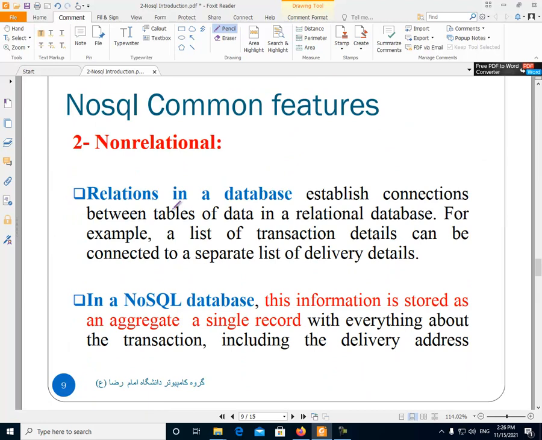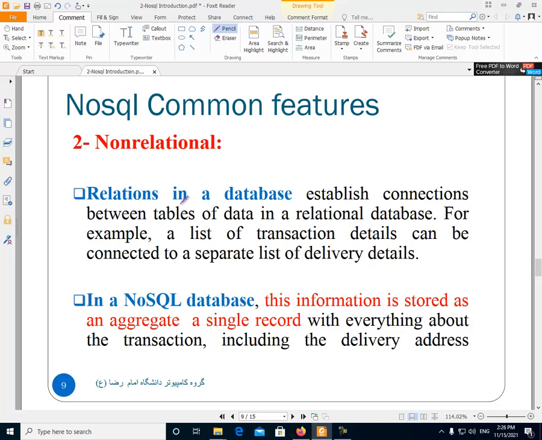The second feature is non-relational. What do we mean by non-relational? We talked about relations in the previous sessions. We said that in the relational database we have some foreign keys. Foreign keys relate different tables to each other.